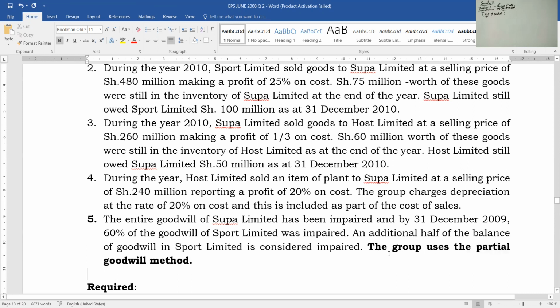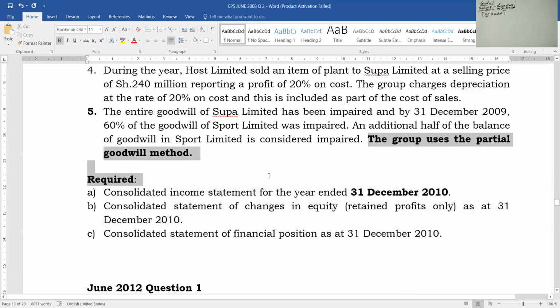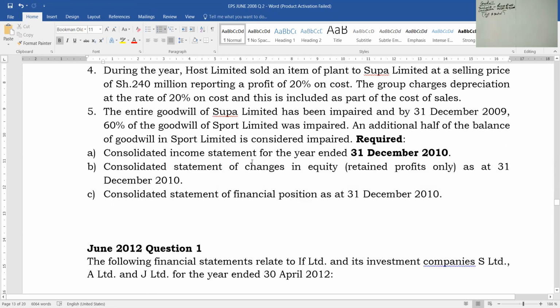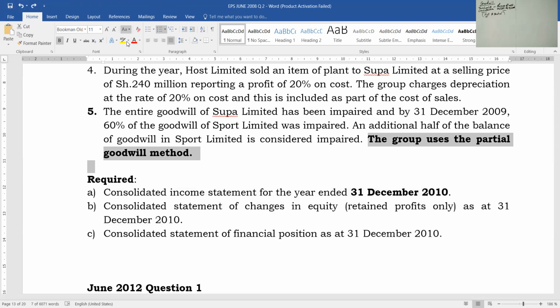Even if we removed it, you could still determine which method to use, because for full you must be given the fair value of non-controlling interest. If there is none, obviously use the partial method.